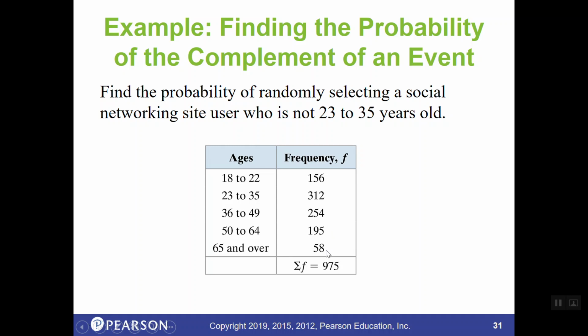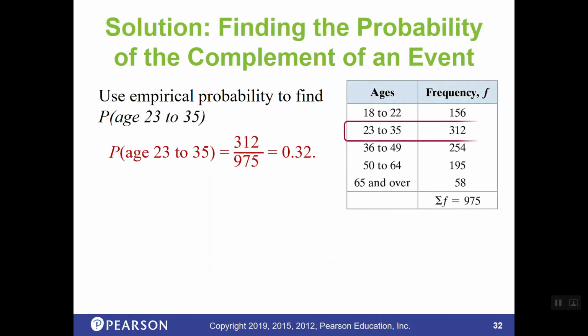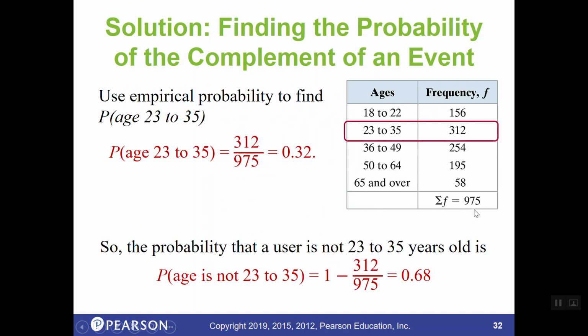There are two different ways to approach this question. This one, if you find the probability of what you are not looking for, which is the 23 to 35, that will be 312 out of the total.